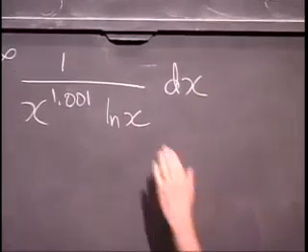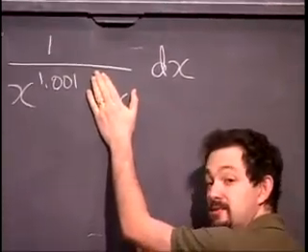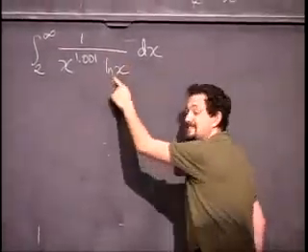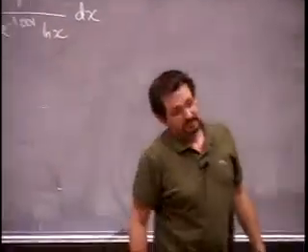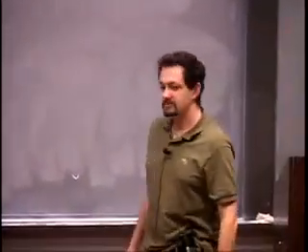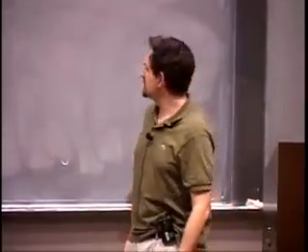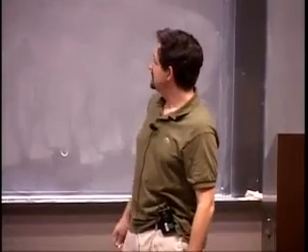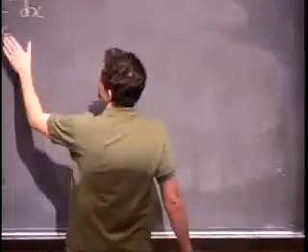Now, the log x not there. Does it converge or diverge? Converges. The log x actually helps you because it's big. And when you put something big on the bottom, it becomes small. This is actually smaller than the original without the log x.